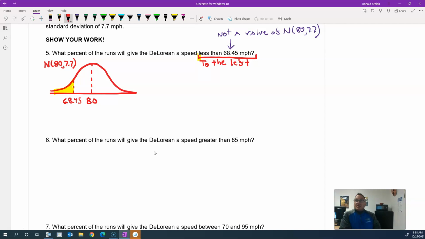Okay, first thing, convert it to a z-score. Okay, now we did z-scores a while back.